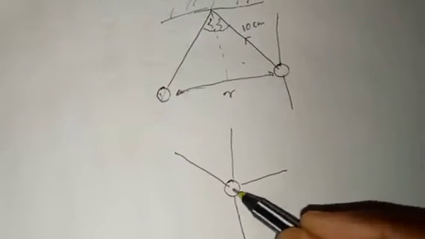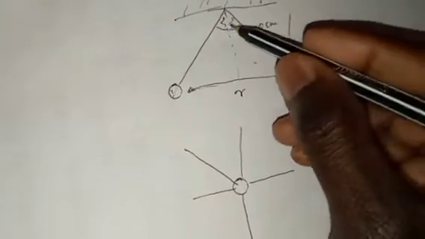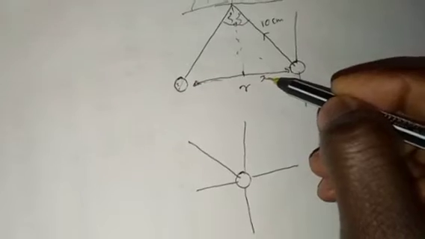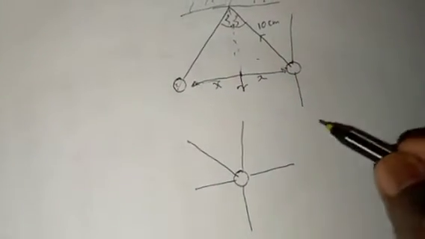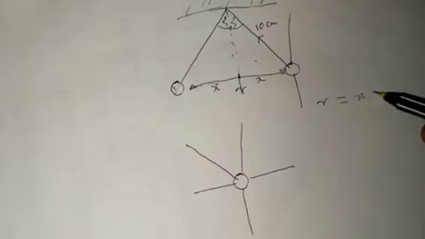The other one is going to be like this, and the other one pointing towards the distance. So remember, if I divide this into two distances, this is going to be x, and that one also is going to be x whenever you cut it here, meaning that r is going to be equal to x plus x.